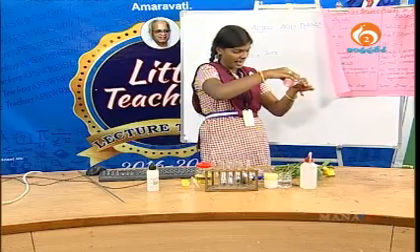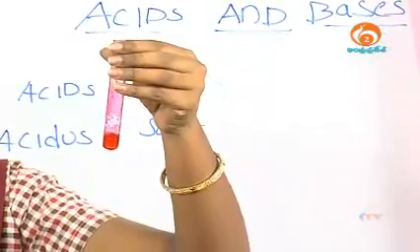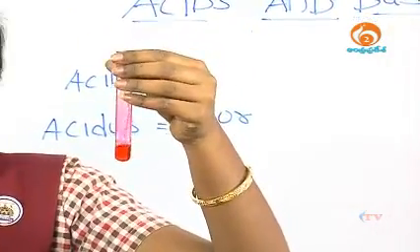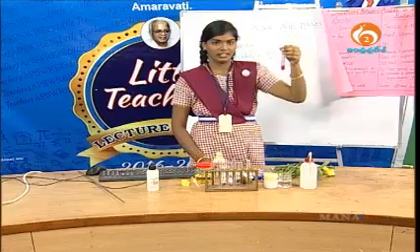I am slowly adding. What is observed? The color changes. In acids, when methyl orange is added, we observe the color change.